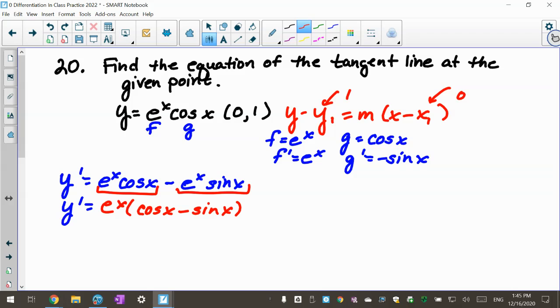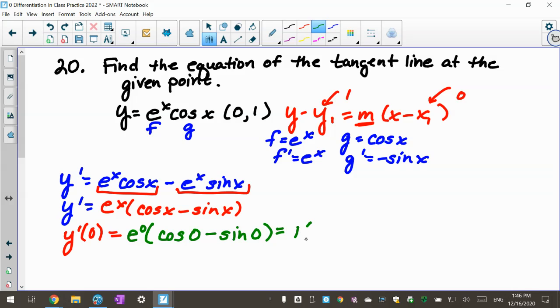Now I'm good because I just have to find my slope here, and I know it's at the point (0, 1), so the x is 0. I'm going to do y prime of 0 and plug that in. When I do that, I have e to the 0 times cosine of 0 minus sine of 0. I know you have calculators, but if you memorized everything I told you before, e to the 0 is 1, cosine of 0 is 1, so I have 1 times 1 minus the sine of 0, which is 0.